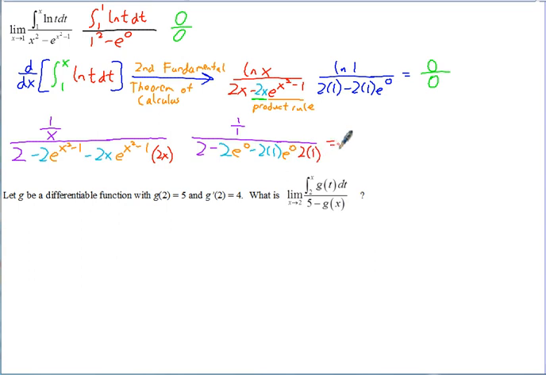So on the numerator we don't get 0 this time, we get 1. Over 2 minus 2, e to the 0 is 1, and then minus 2 times e to the 0, which is 1, times 2 gives you 4. So you get 1 over negative 4, so you get negative 1/4.